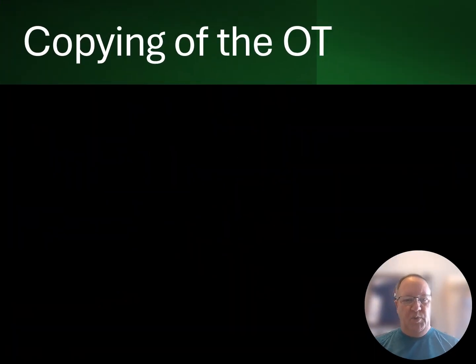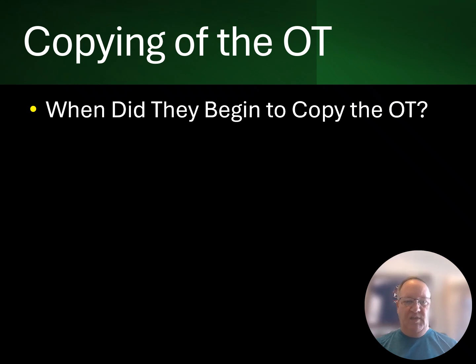So one of the questions we want to deal with in this lesson is, when did they begin to copy the Old Testament? In other words, what evidence do we have that, okay, at this point they started making copies, written copies of the Old Testament?